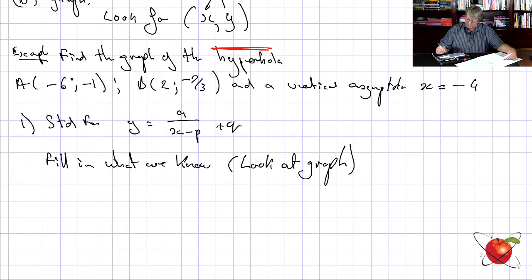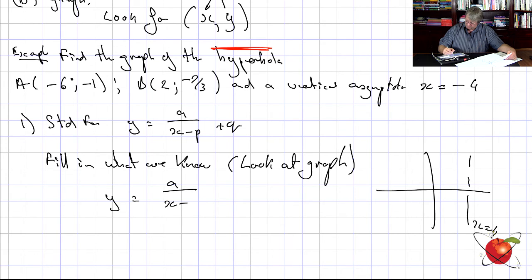So what have they told us? They've told us that there's a vertical asymptote at x equals 4. Therefore, p is going to be equal to 4. Sorry, at minus 4, my bad. x equals minus 4.